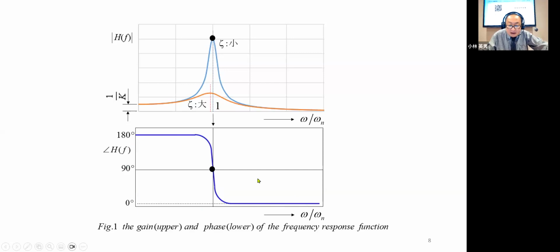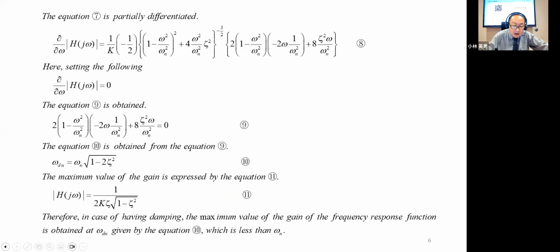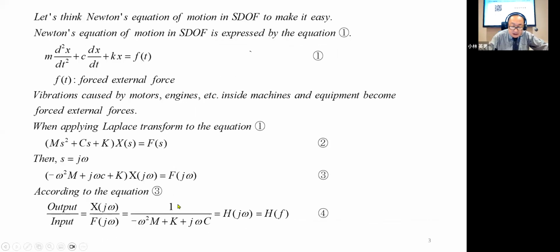In case the damping ratio is small, okay? So we measure the frequency response function of the object using FFT, fast Fourier transform, okay? We go back to this slide here, okay?